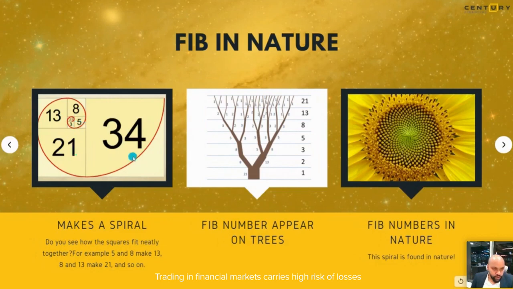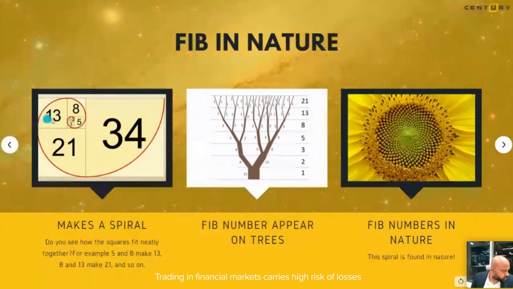All the boxes that get created by adding, for example, 3 plus 5 fit in exactly to this entire sequence of numbers. And 8 plus 13 fits in exactly here with 21 with the sequence of all of these numbers. And this can go on again infinite. Now, if you look at it, if you just connect the corners of each of these boxes, it kind of creates a spiral for you.